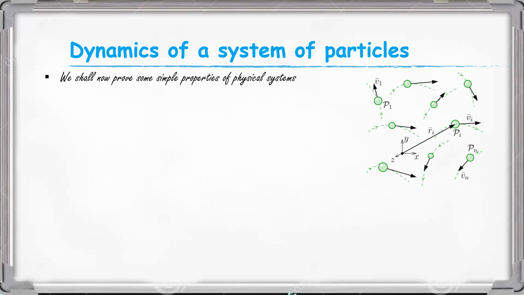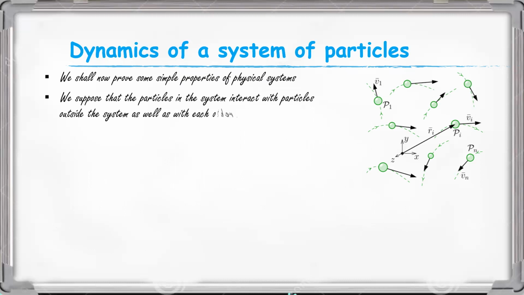We shall now prove some simple properties of physical systems. We suppose that the particles in the system interact with particles outside the system as well as with each other.